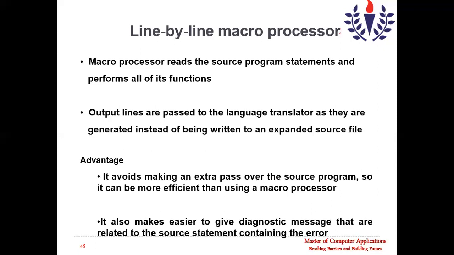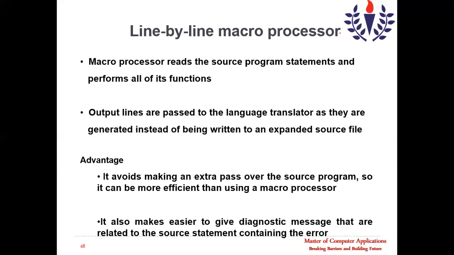So we can say line by line macroprocessor is used as a sort of input routine for assemblers and compilers. Means assembler and compiler will now get as an input the code generated by macro processor. So this is the concept of line by line macroprocessor.